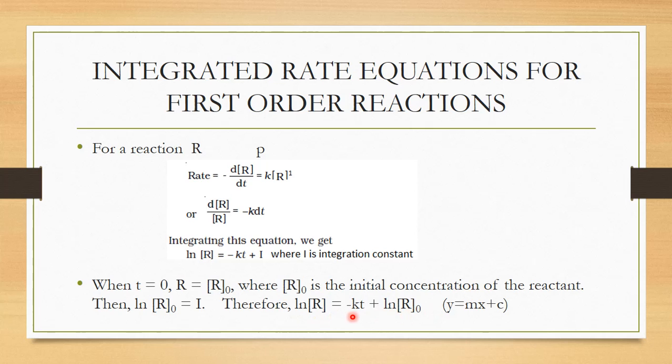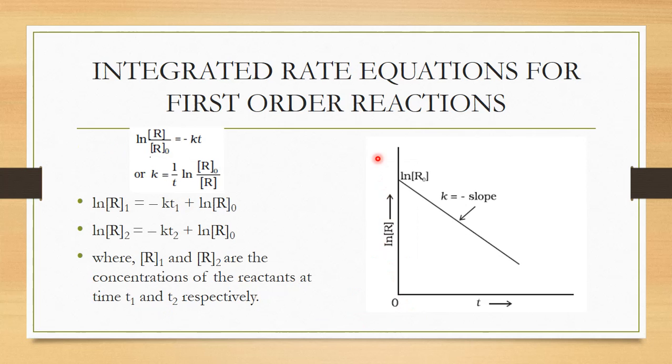This is again an equation of a straight line, y, m, x, c. So, again, if you plot a graph taking natural log of [R] on the y-axis and t on the x-axis, you will get a straight line where the slope is equal to minus k and the intercept will be equal to natural log of [R]0.